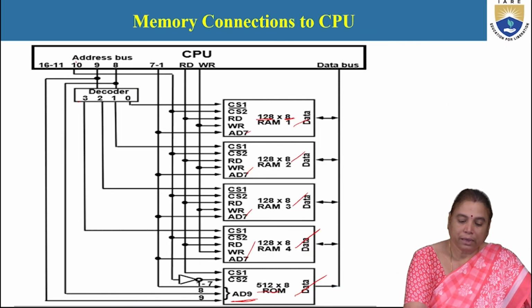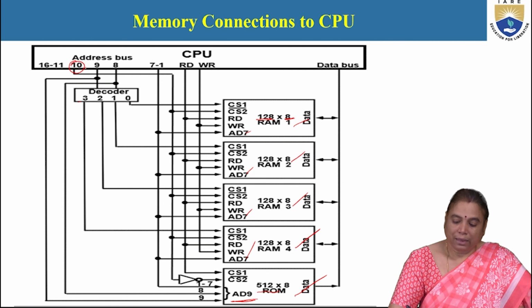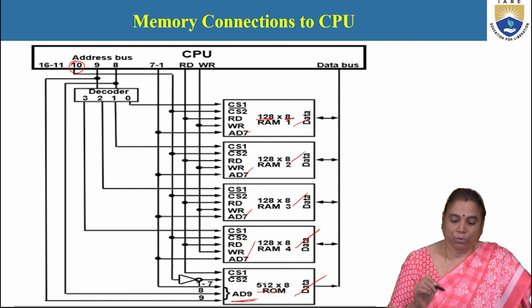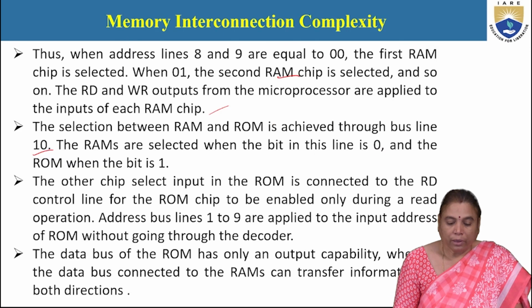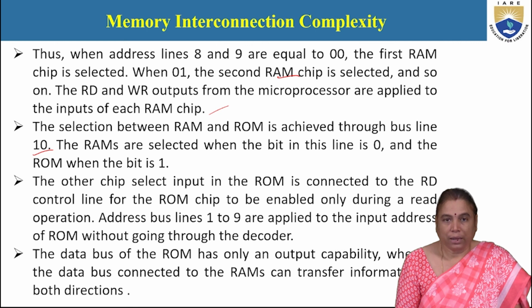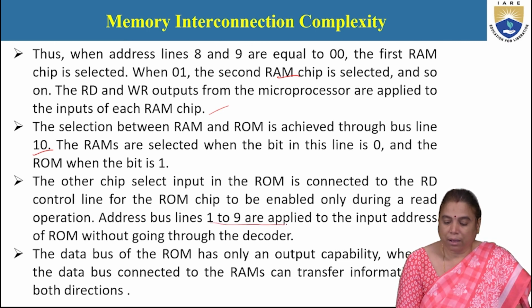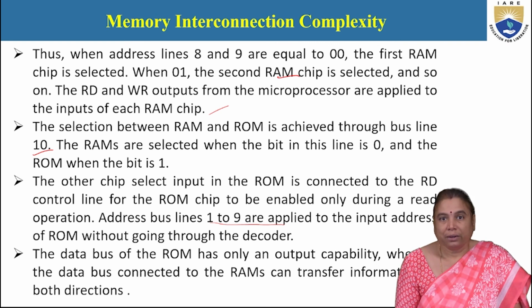This 10th line decides whether the RAM chip or the ROM chip is used. The chip select input of the ROM is connected to the RD control line of the ROM chip. Address lines 1 to 9 are applied to the input of the ROM, which is why the address space increases to 512.